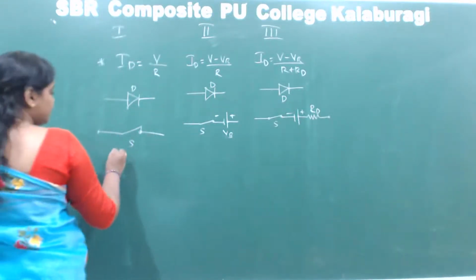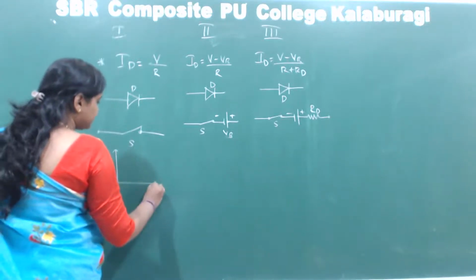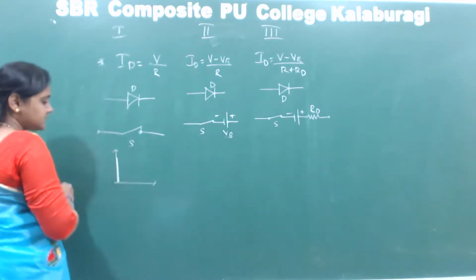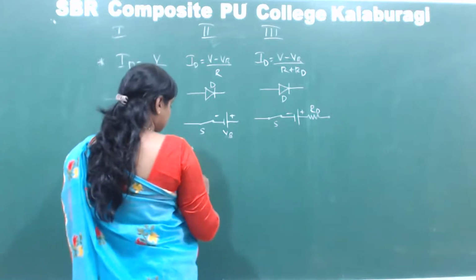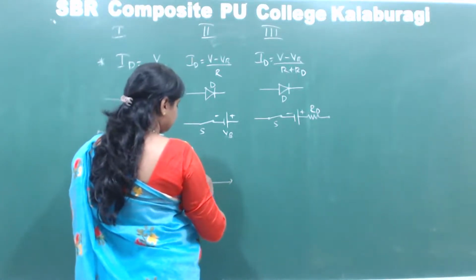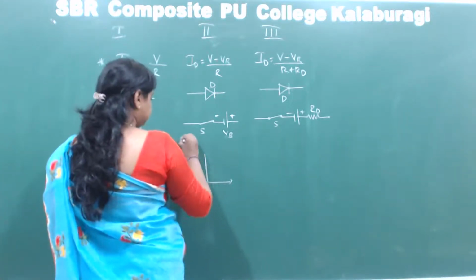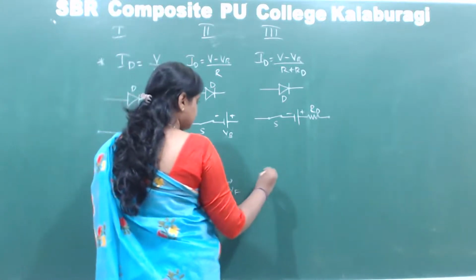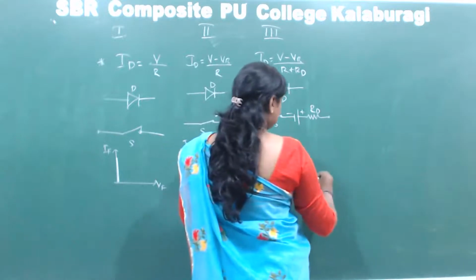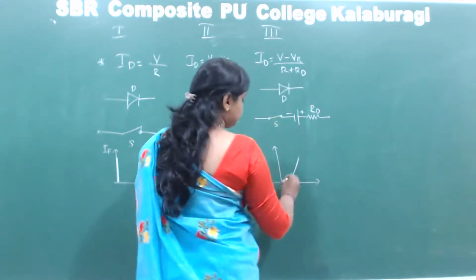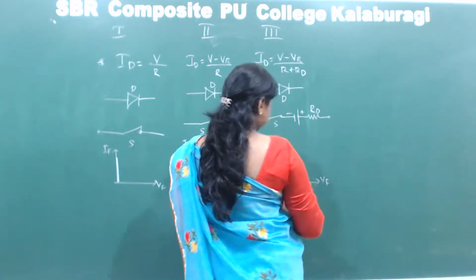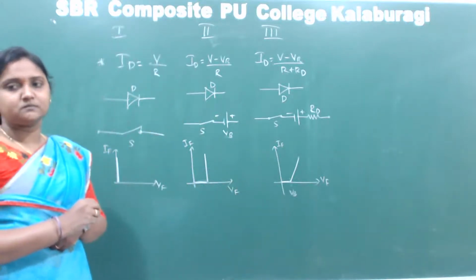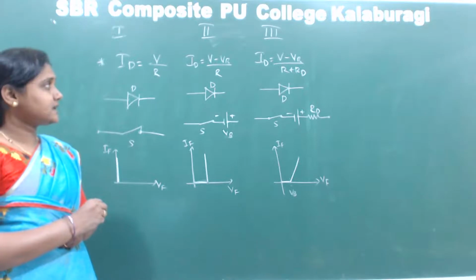Right? About the graph, we consider a little further. Forward bias. This is the graph. These are the three responses for the first, second, and third approximation.